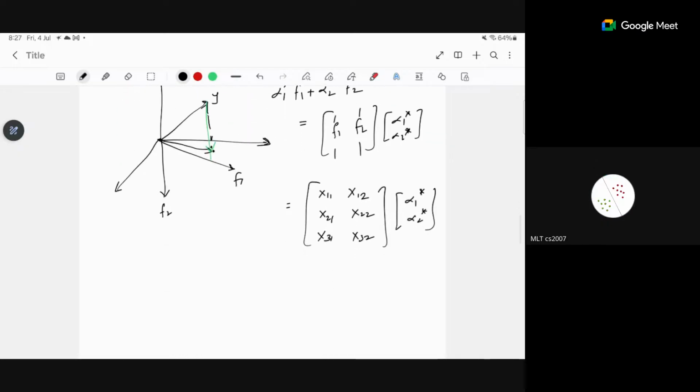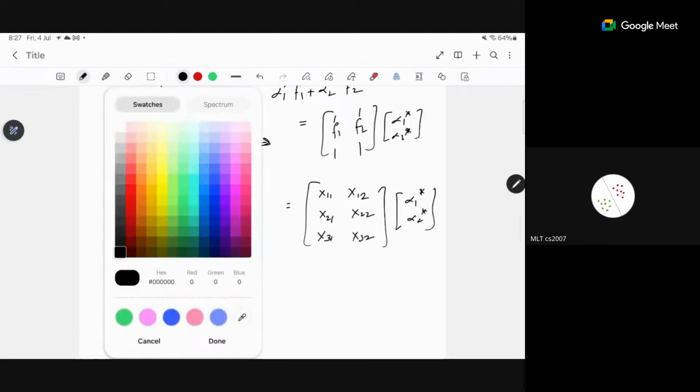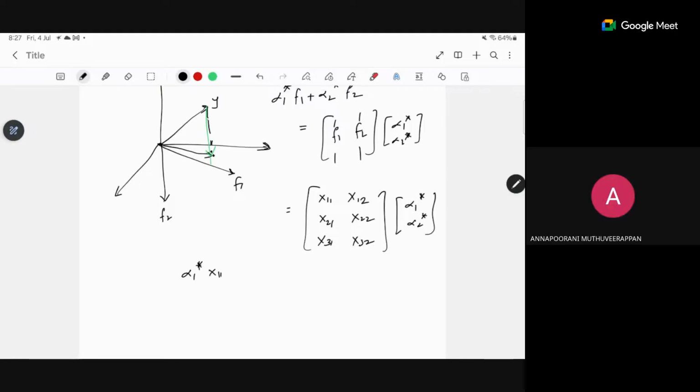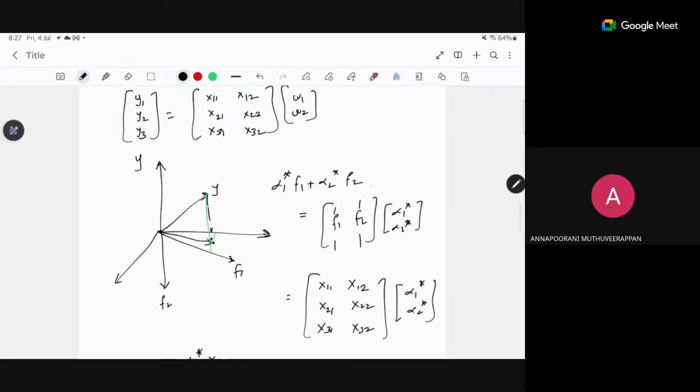So we were here, right? Can you just tell me the dot product of these two? Sir, this alpha 1 F1 plus alpha 2 F2 is y. Actually it's not y, it is a projection of y. So basically it should come out as x transpose w.